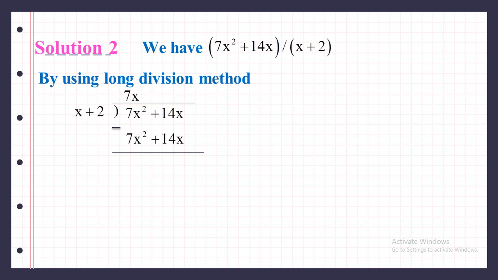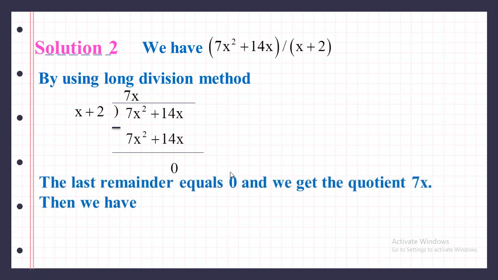7x^2 minus 7x^2 cancel and is equal to 0. Next, 14x minus 14x is equal to 0. And the last remainder equals 0, and we get the quotient 7x.